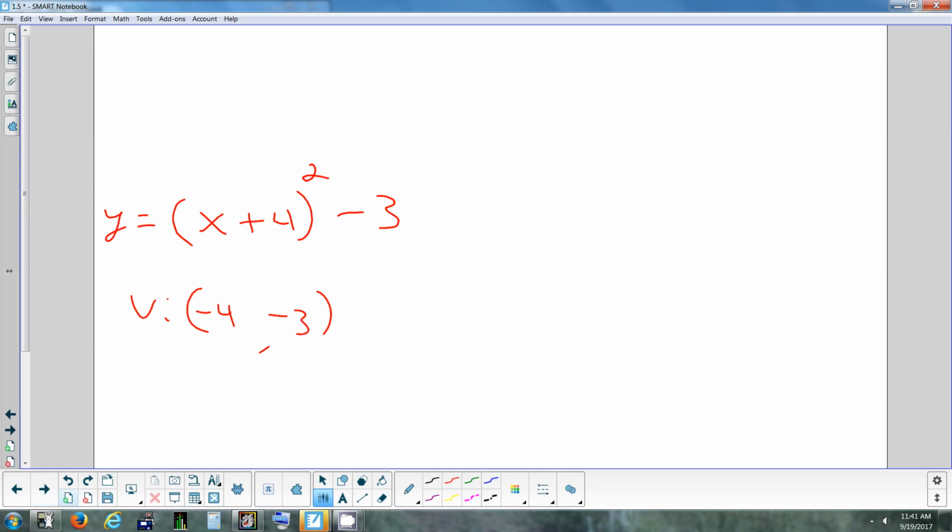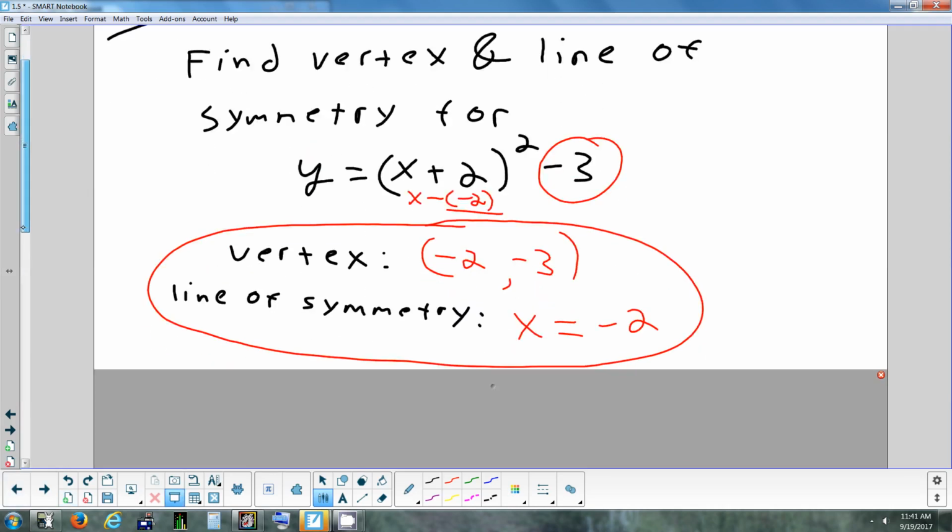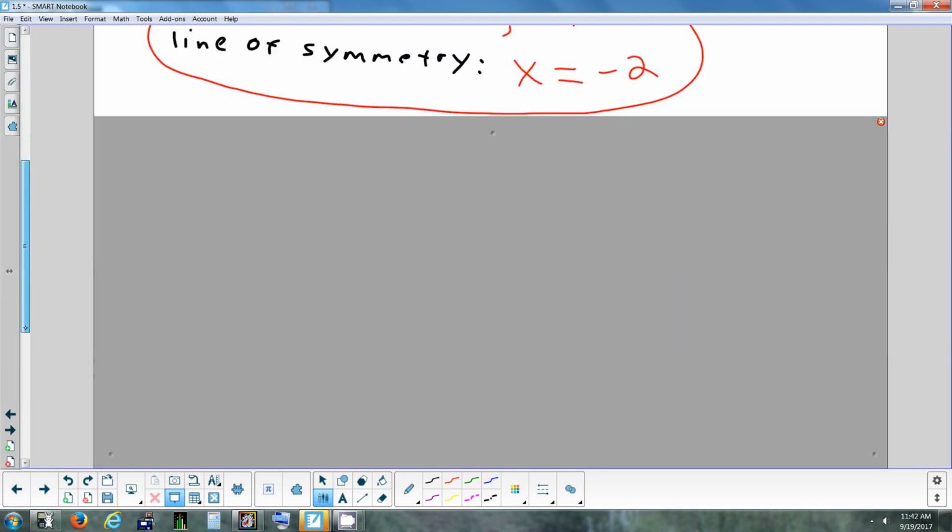Yeah. Because remember, it has to be written as x minus something. And you look at what comes after the minus sign. So whatever is in that box right there, that's what goes right there. Yep. Okay, any other questions on that? Okay.